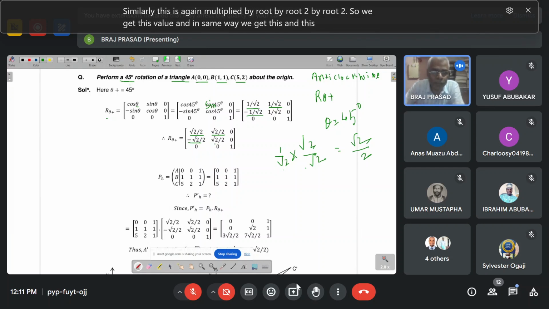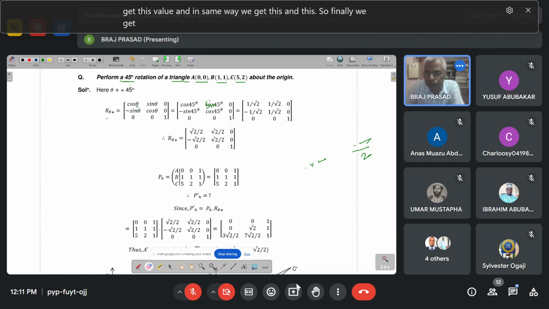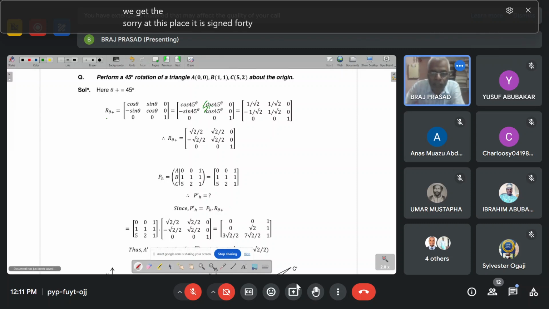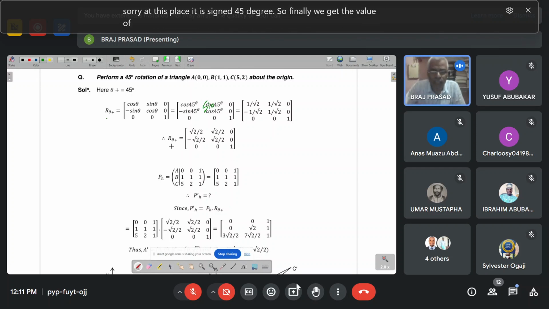Sorry, at this place it is sin 45 degrees. So finally we get the value of R theta plus, and R theta plus is equal to this much.